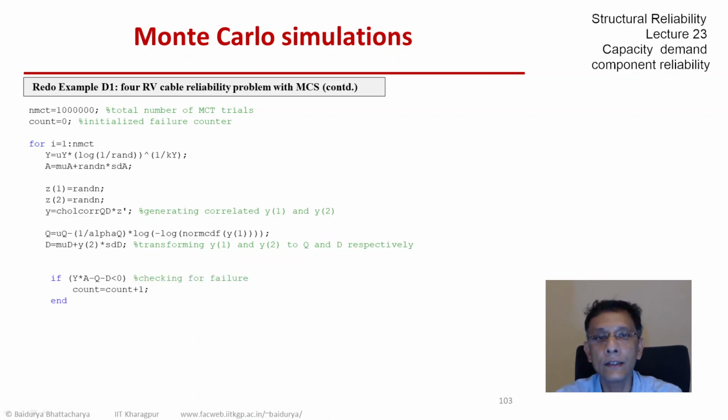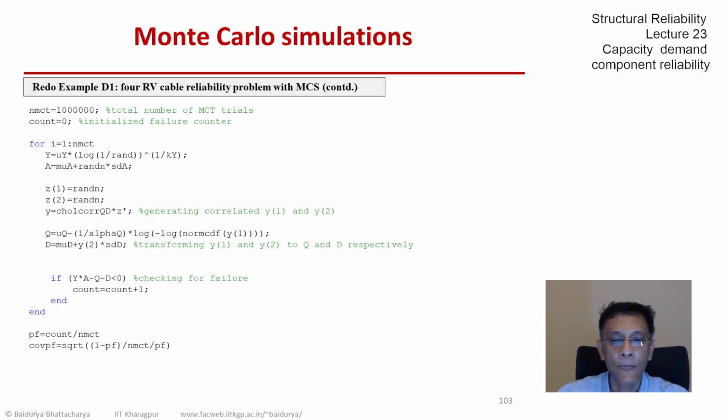And now we are ready to check for failure. So our limit state is y a minus q minus d. So if failure happens, then we increment the failure count by 1. And that brings us to the end of the for loop, and we can output the estimated failure probability and the COV of that estimate.